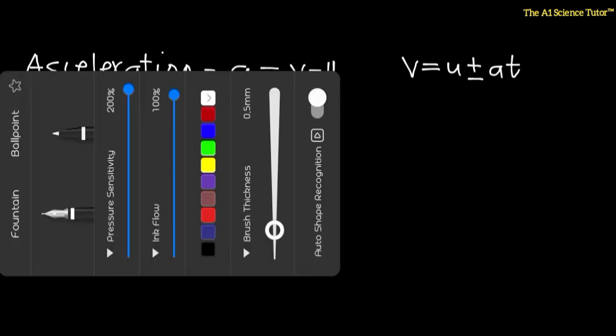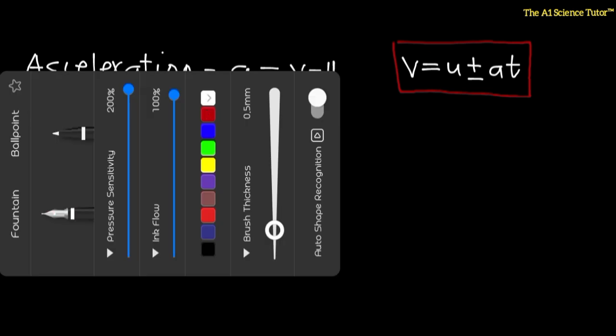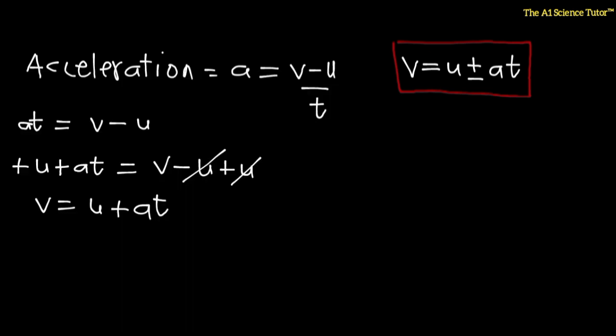Now, as you can see, we have two symbols. We have plus at, and we also have minus at. Now, why is that? The reason is that you could have v equal to u plus at, and this is in a situation where the vehicle or the body or any object in motion is increasing in acceleration.